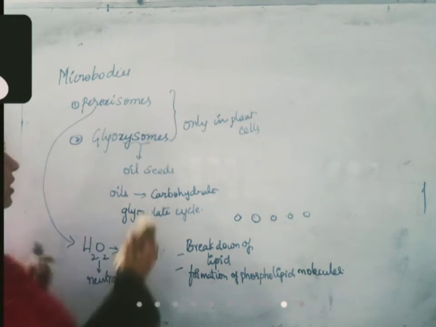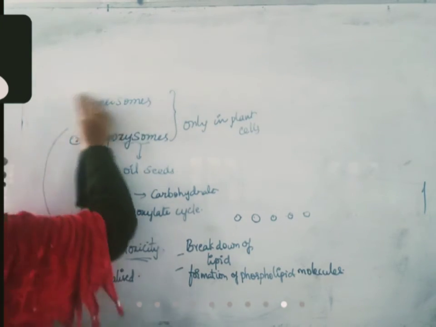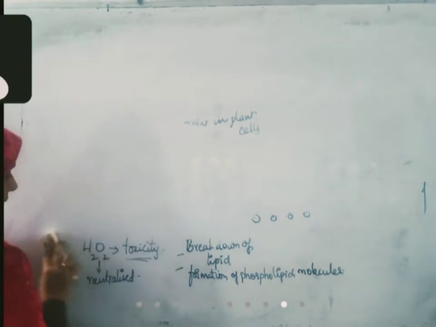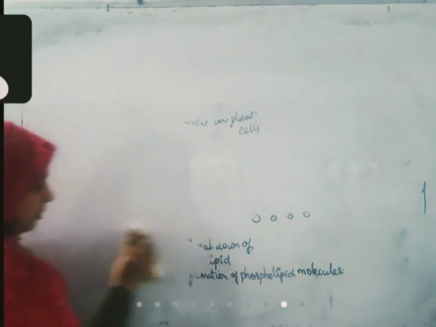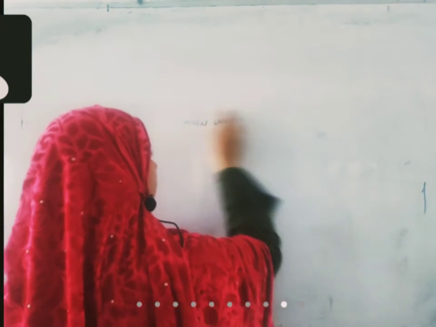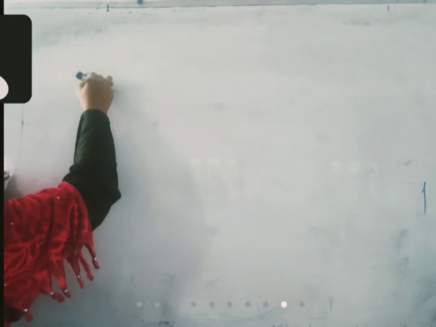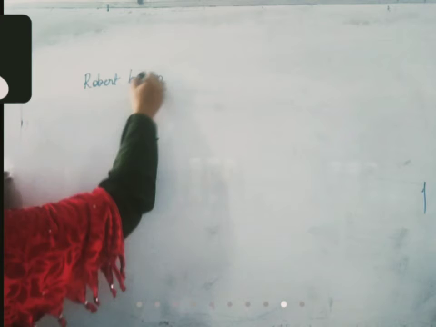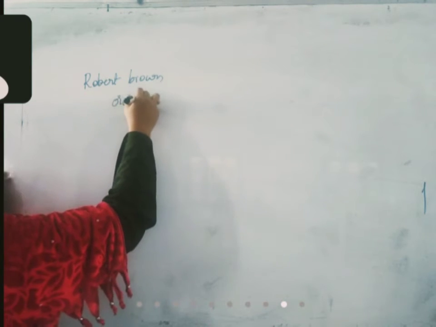And finally, we'll discuss the nucleus. Very, very important. The nucleus was first discovered by Robert Brown when he observed the leaves of orchid plants.